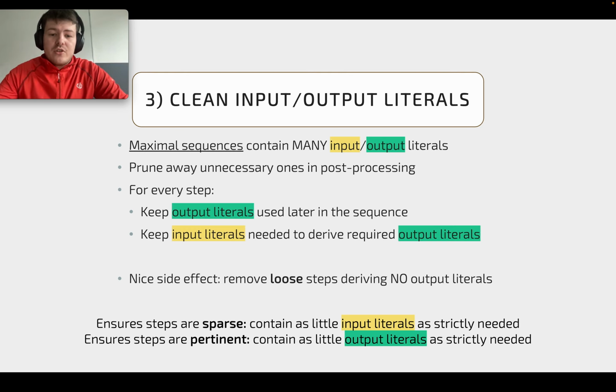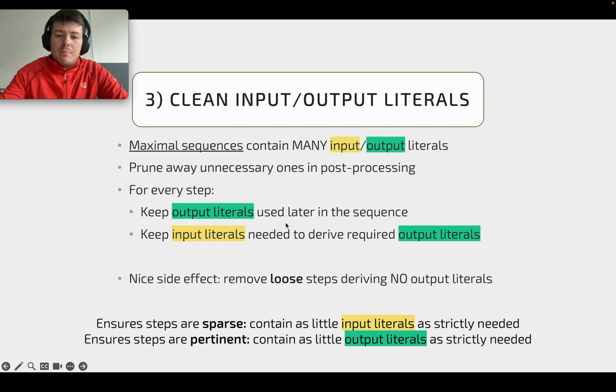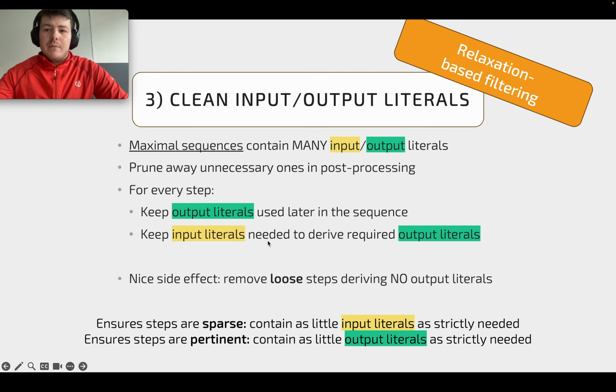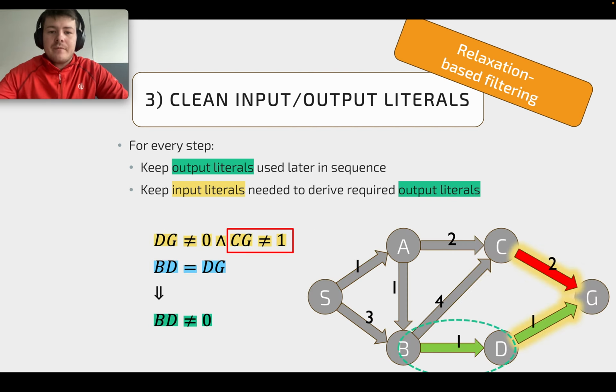So this approach ensures that the steps are sparse, so they have as little input literals as possible, and they also are pertinent, so they contain as little output literals as strictly needed because of the first part, of course. And this is called relaxation-based filtering, as we try to relax the step in some way.